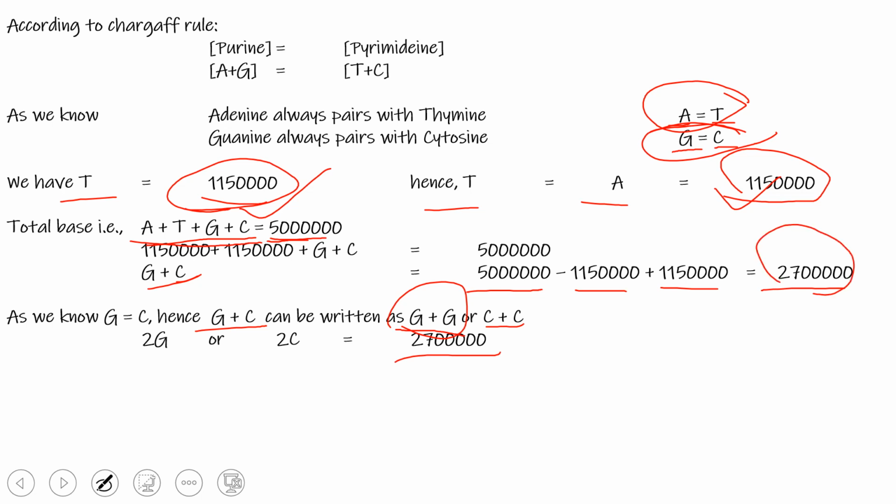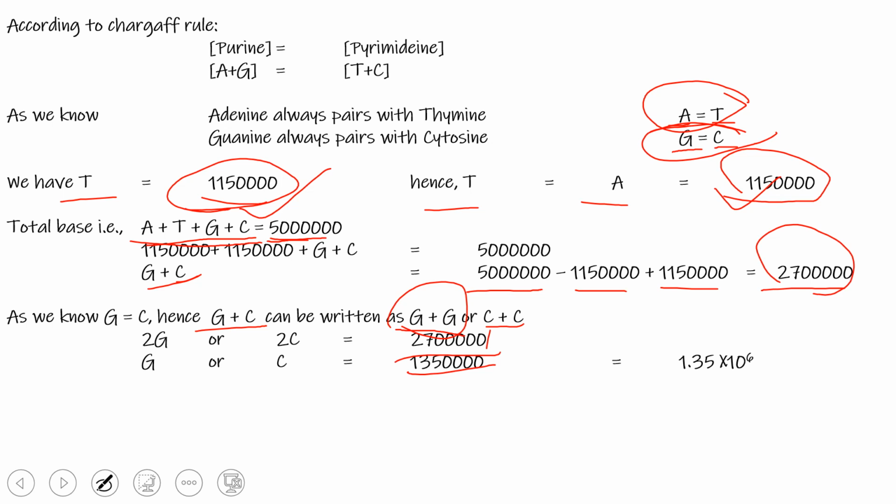That means G or C is equal to this divided by 2, equal to 13 lakh 50,000 bases, which means 1.35 × 10^6. This is the number of guanine and cytosine.